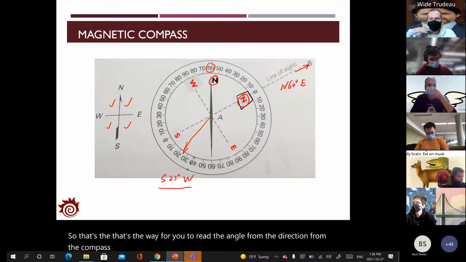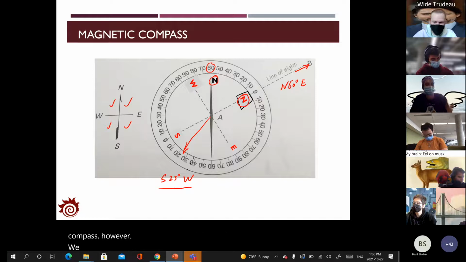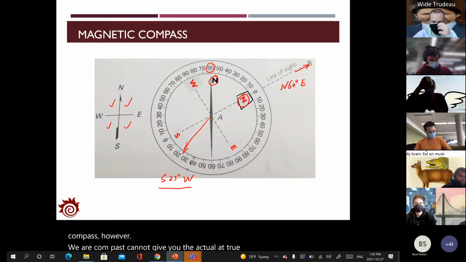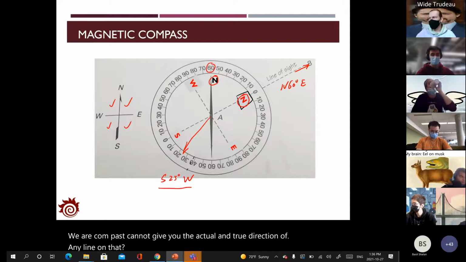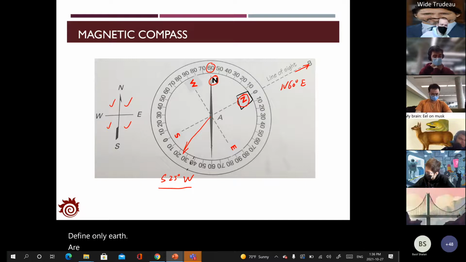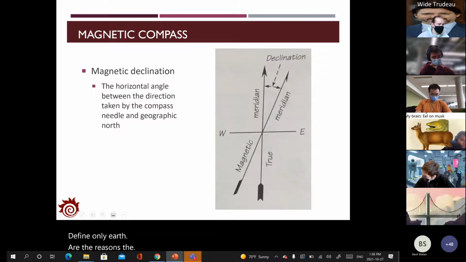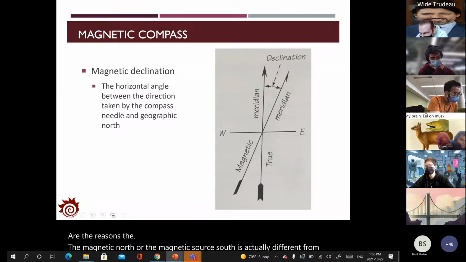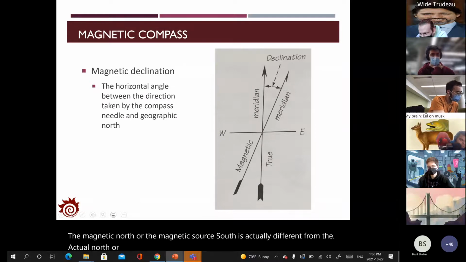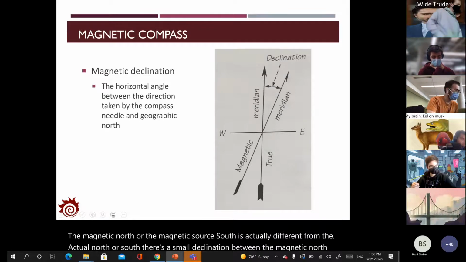However, the compass cannot give you the true direction of any line that is defined on the Earth. The reason is that the magnetic north or the magnetic south is actually different from the actual north or south. There's a small declination between the magnetic north and the true north.